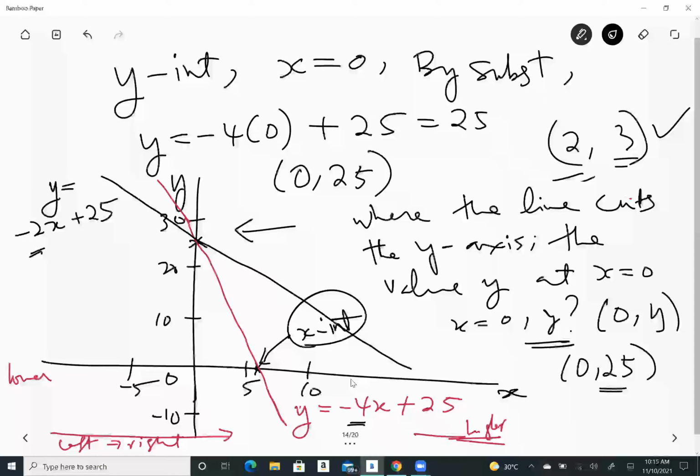But when the slope is negative, the smaller the value, the steeper the line is. So we are not looking at the value of the slope when it is negative. We're looking at the absolute value. When you want to compare the steepness, just look at the absolute value. In other words, ignore the negative sign.